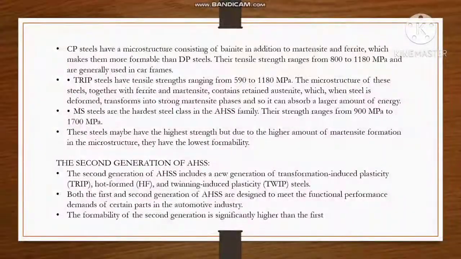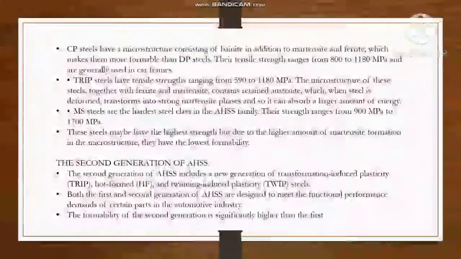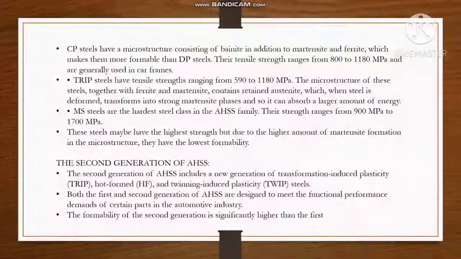The microstructure is made up of ferrite and martensite and contains austenite, which when the steel is deformed transforms into strong martensite, and it can absorb a large amount of energy.